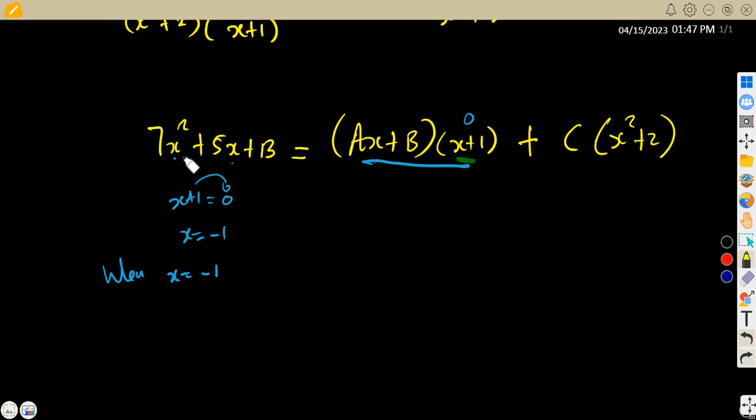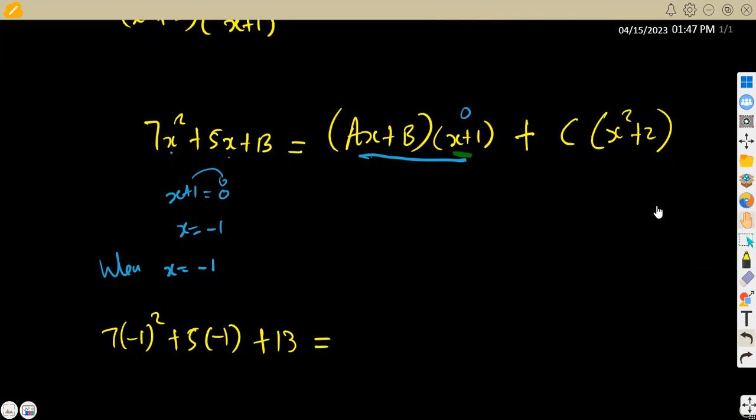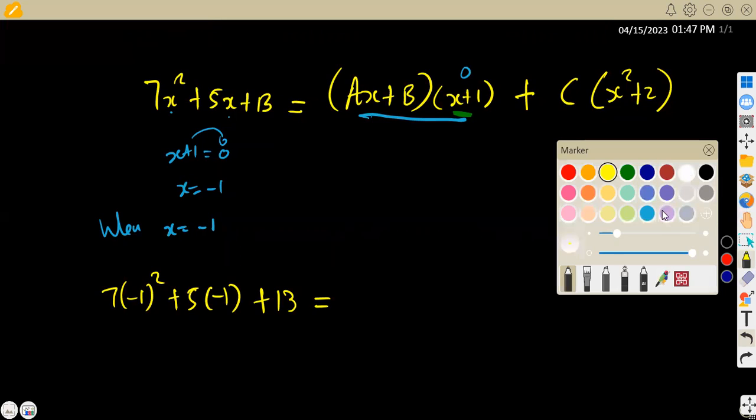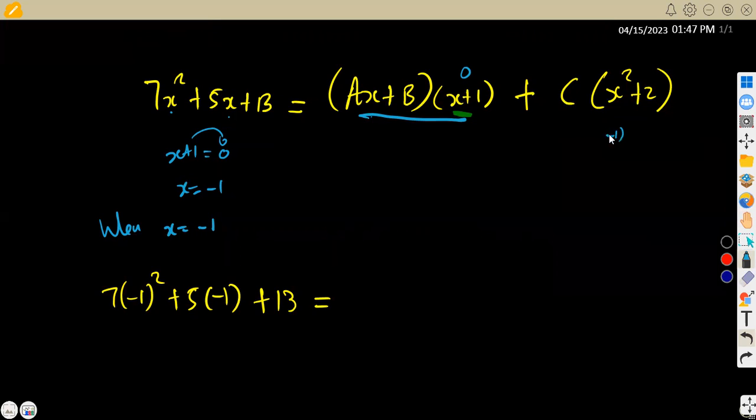When x is -1, that is going to be 7 into -1 squared plus 5 into -1 plus 13 is equal to, now this whole part is a 0, so we substitute -1 here. By just looking here, this is going to be -1 squared plus 2, of which -1 squared is 1 plus 2, which is 3.